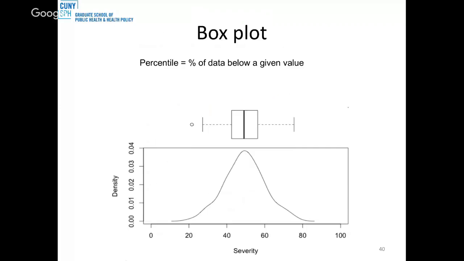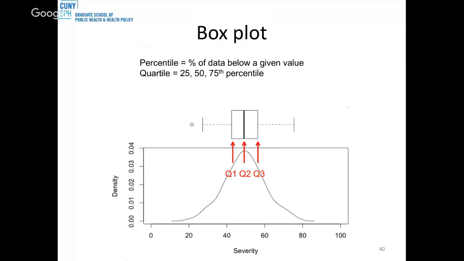The percentile is the percentage of your observations that are at or below a given value. So the one everyone knows about is test scores. If you get a test score in the 90th percentile, that means that 90% of all the tests were at or below what your score was.